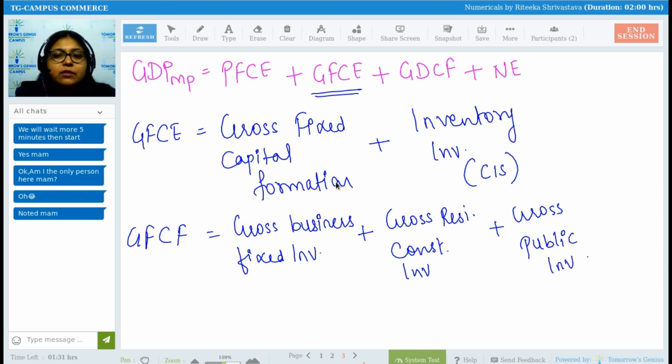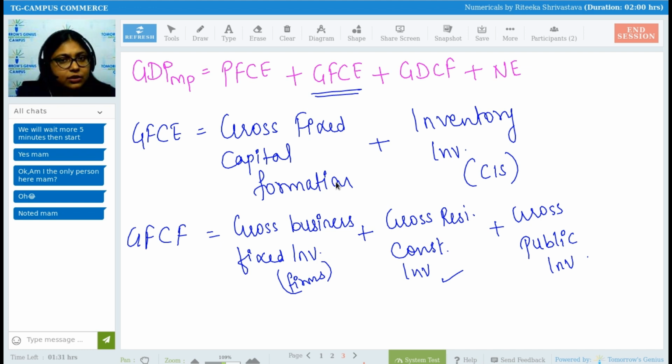Now gross business fixed investment means what? All the investment done by the private firms for forming capital assets. Gross residential construction investment means all the expenses done by the private people for constructing their house, reconstruction of house, purchasing of new house, all of those things.